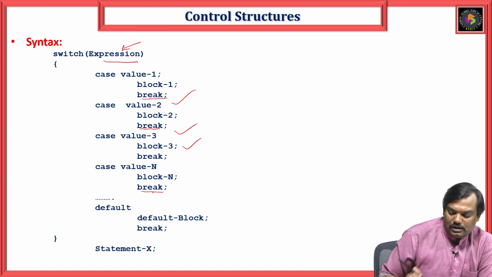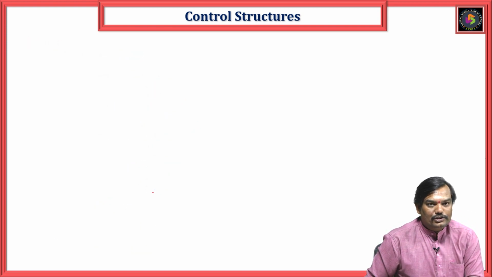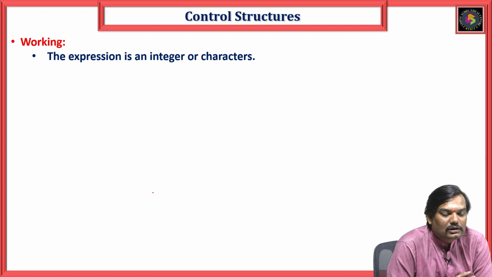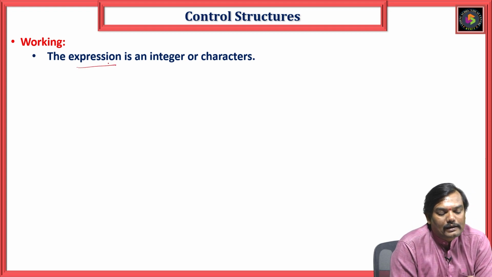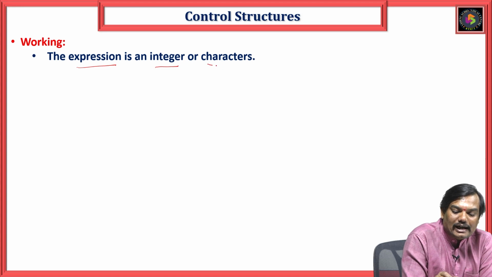Now let us see one by one the working steps of this switch statement. First, we pass one expression to the switch statement. Whatever expression we pass to the switch should be an integer or a character.